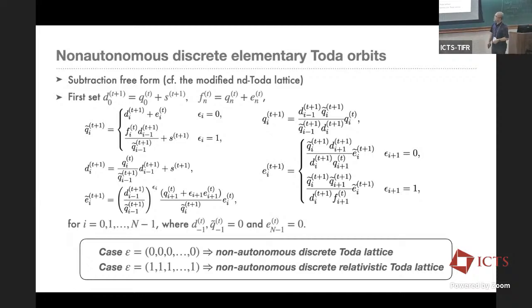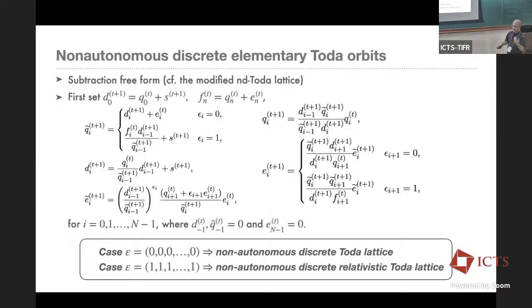Under this expression, if we take epsilon as 0, 0, 0, 0, all elements 0, then this equation returns to our non-autonomous, actually modified, discrete Toda lattice. And of course, indeed so.